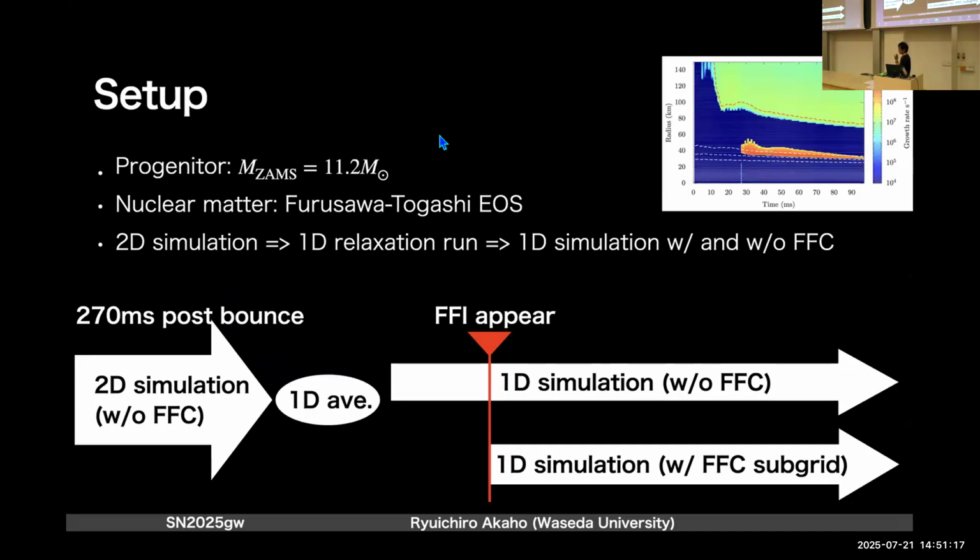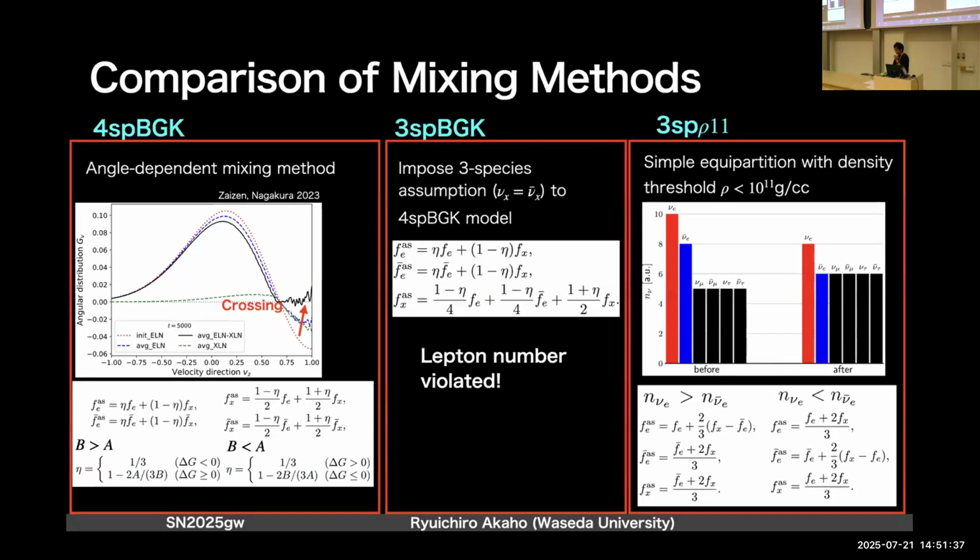The previous result was obtained by quantum kinetic equation simulation, but since it is computationally too expensive, we implement a subgrid model in the classical neutrino transport simulation.